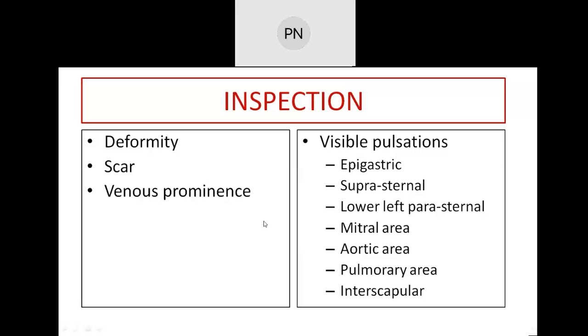That is one extra thing, the mitral area impulse or apical impulse, which is extra. All others are same as that of mitral stenosis. So you see, the moment you start examining the precordium, differences are coming. So epigastric and lower left parasternal for right ventricular hypertrophy, mitral for left ventricular hypertrophy, pulmonary may be possible if there is pulmonary hypertension. These are the impulses that may be visible.